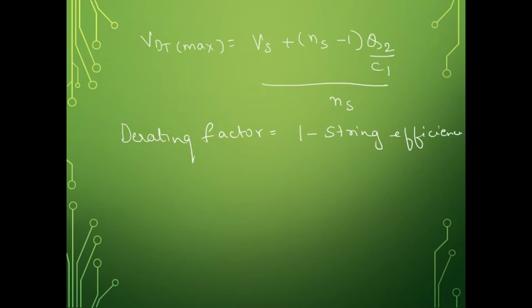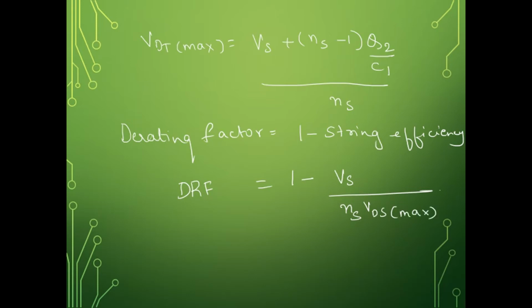This string efficiency is given by Vs divided by Ns into Vds max, that is the steady state voltage maximum value.